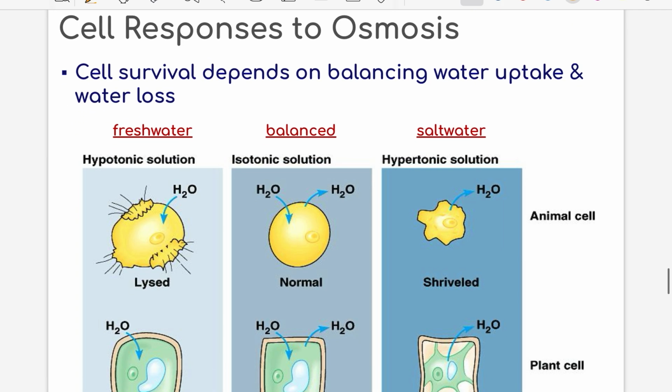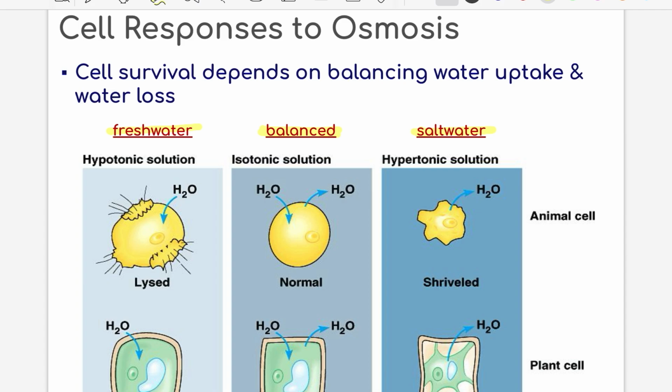So we talked about how plant and animal cells have different responses to their environments. So let's have a look at that. We're looking at freshwater versus isotonic environments versus saltwater or high solute.